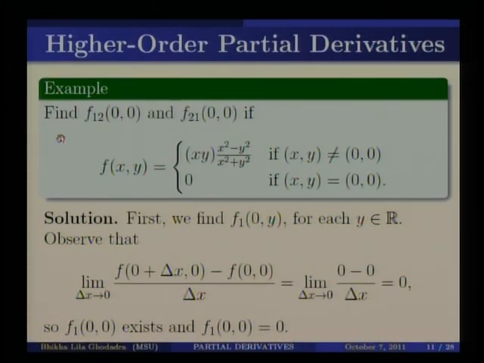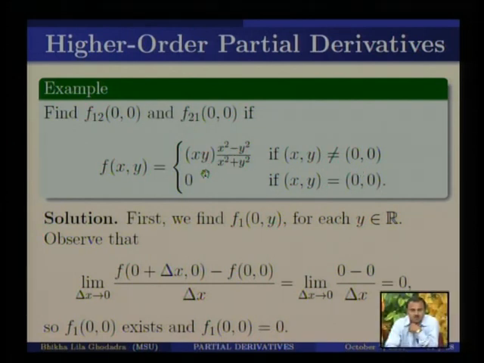We are going to write like this: find f12 at 0 0 and f21 at 0 0 if f(x,y) is this function. When (x,y) is different from (0,0), we define it as xy times (x squared minus y squared) upon (x squared plus y squared), and when the point is (0,0), its value is 0.